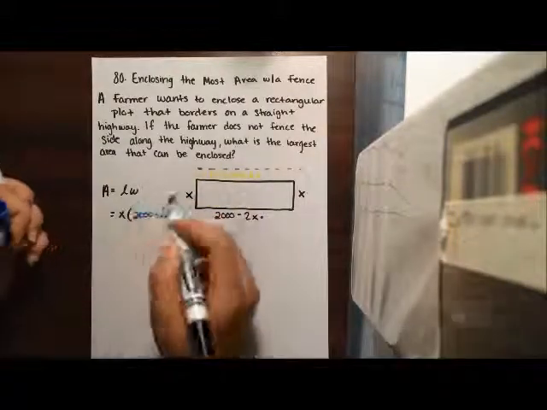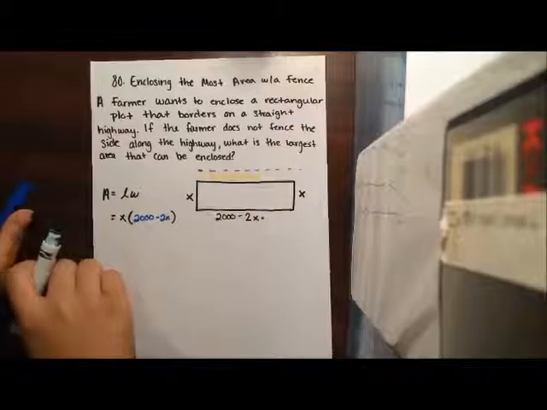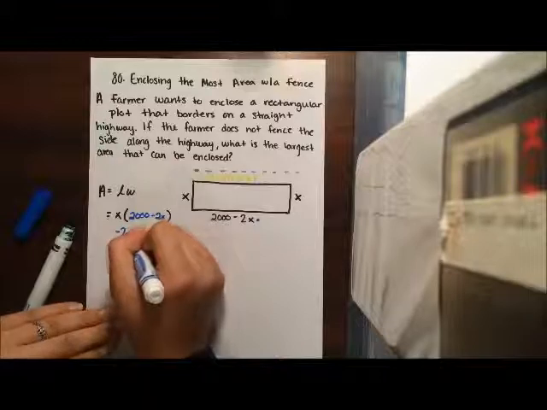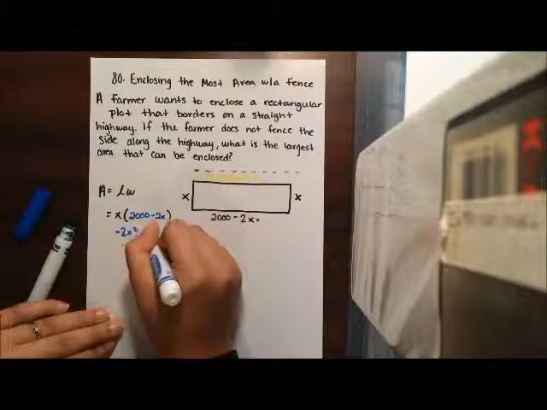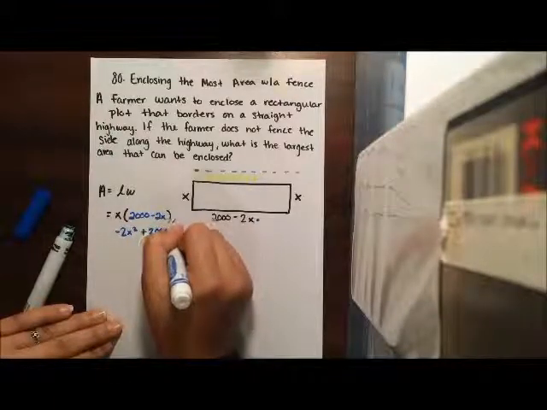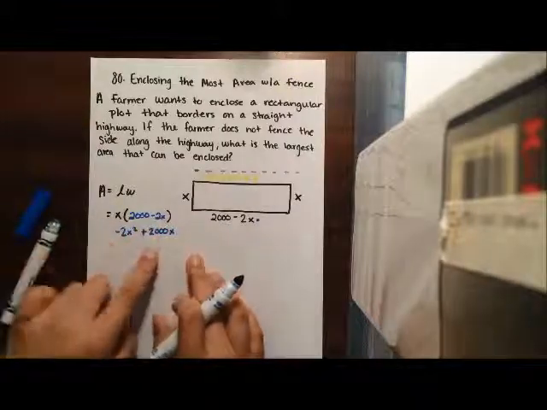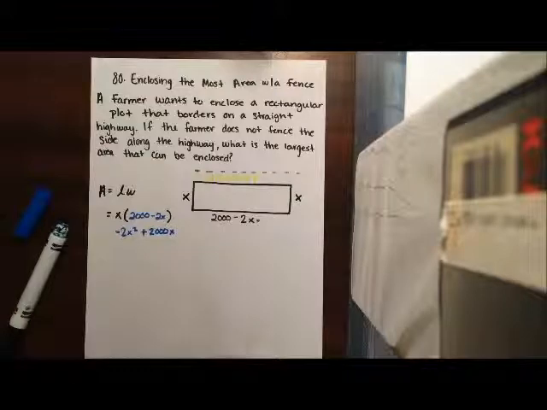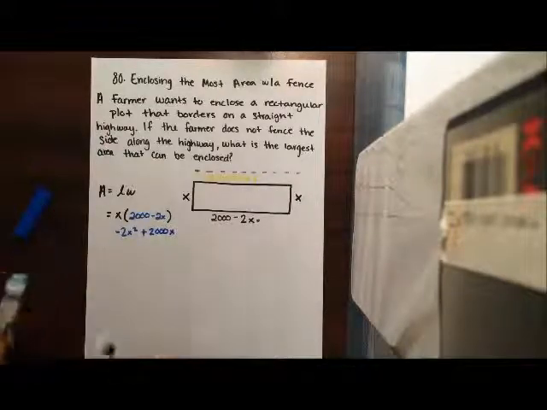Use your distributive property, and you come out with negative 2x squared plus 2,000x. I just reversed it so that it will already be in the position that you need it in. So now you have your area.